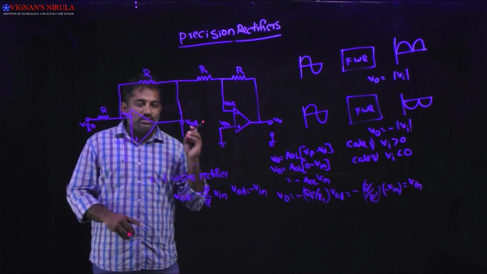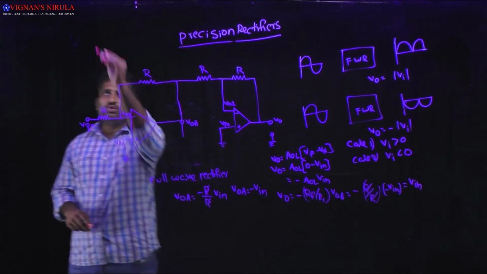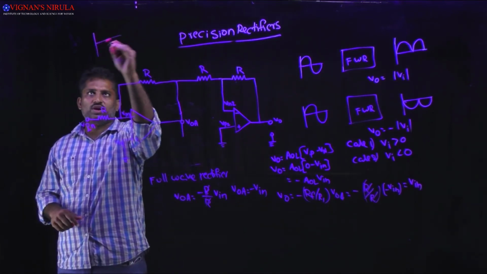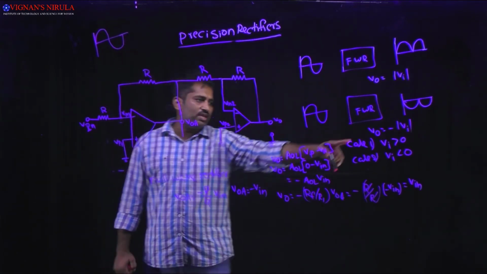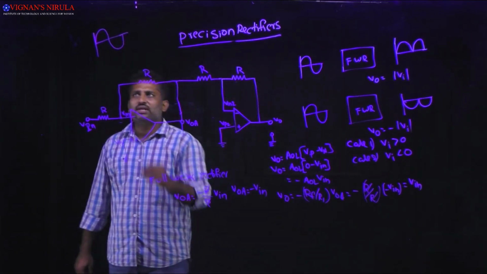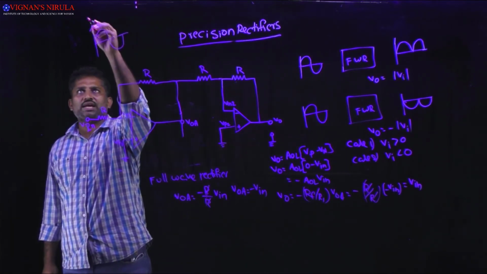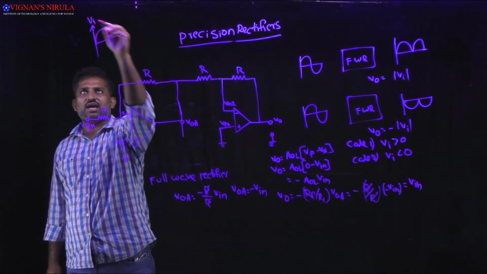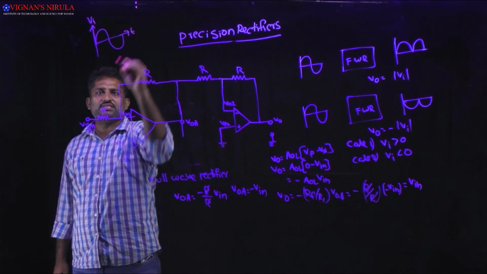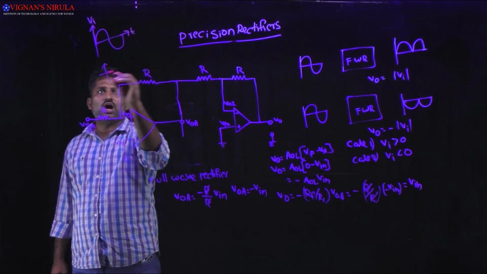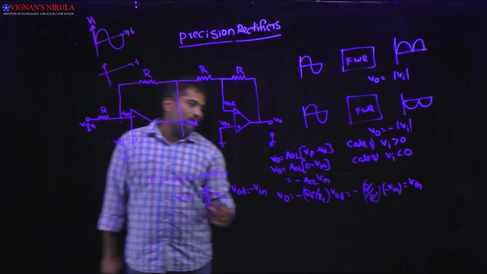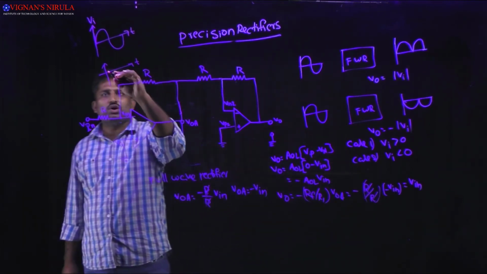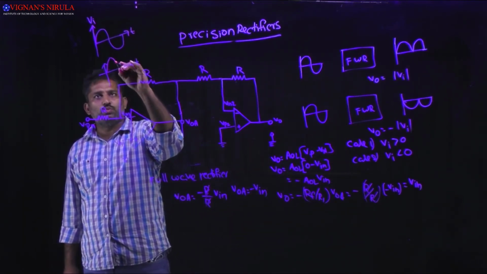So what you understand from this is, when you apply the positive wave, that means case 1 where Vi is greater than 0, what happens? If the input is like this, this is Vi and here I take it as t. So what about the output? When Vi is greater than 0, you will get a positive peak.